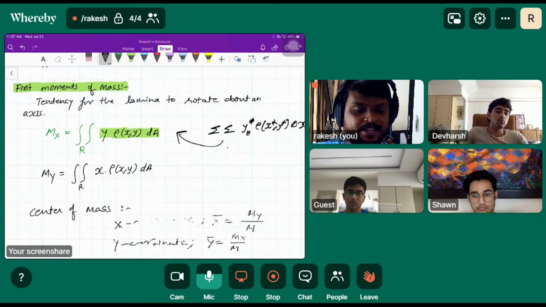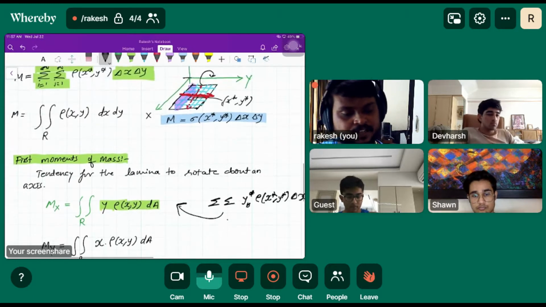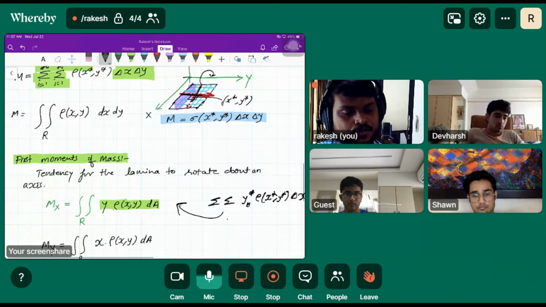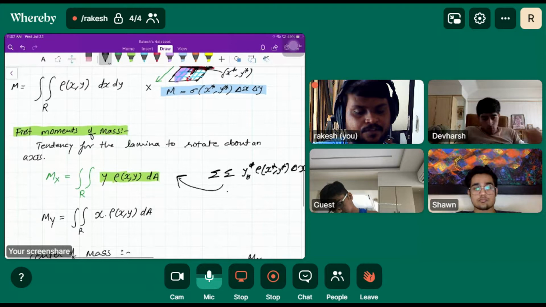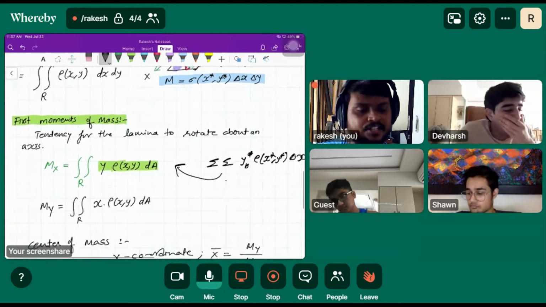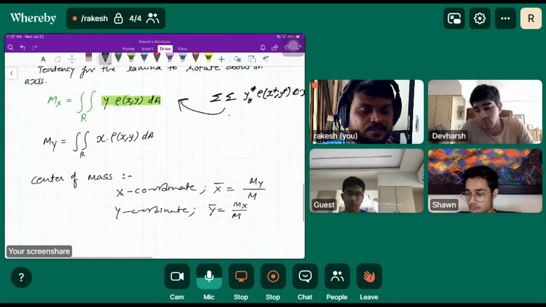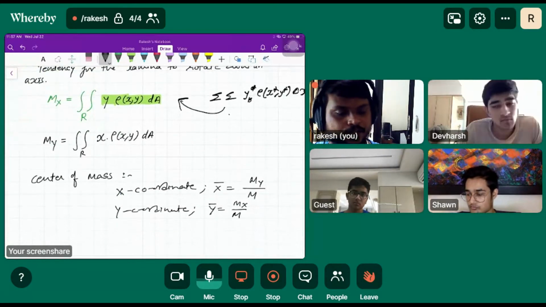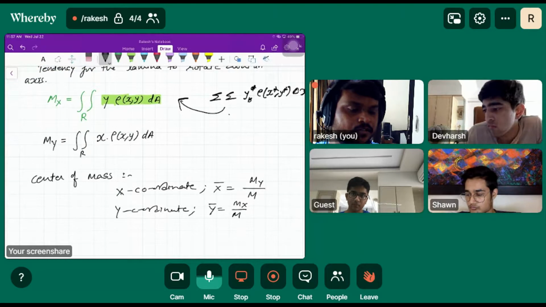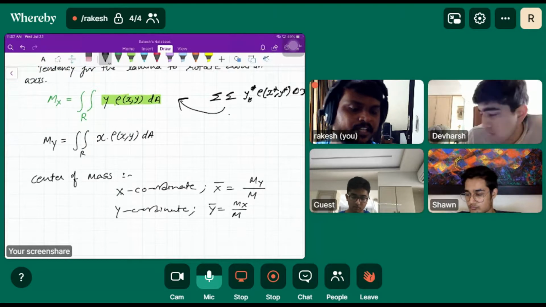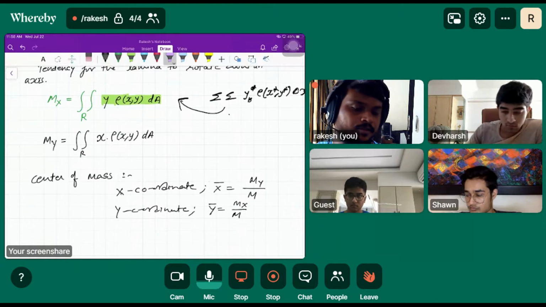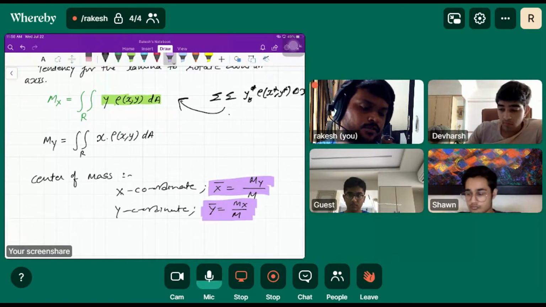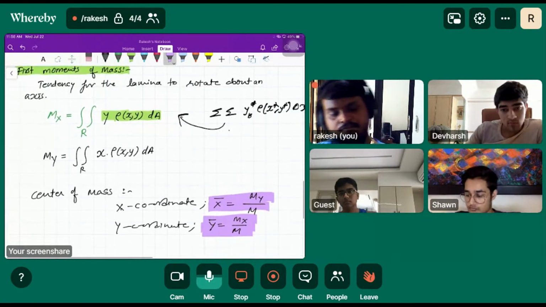For Mx, we are integrating along the y direction, keeping x constant, so it will give you the corresponding y coordinate. Therefore, the x coordinate is My by m and the y coordinate is Mx by m. So these are the formulas.